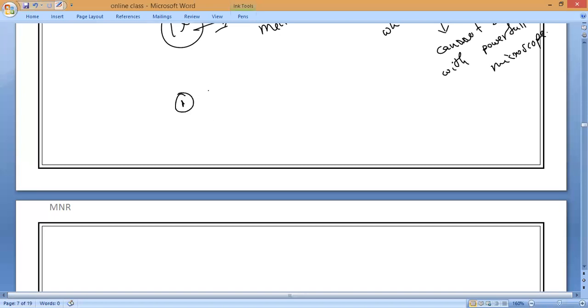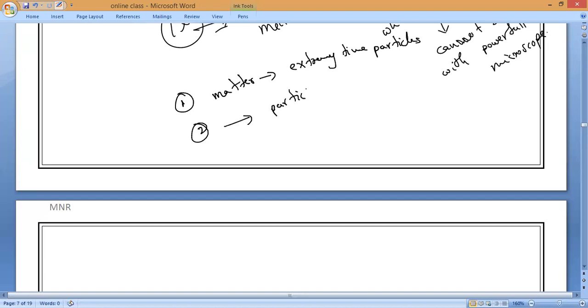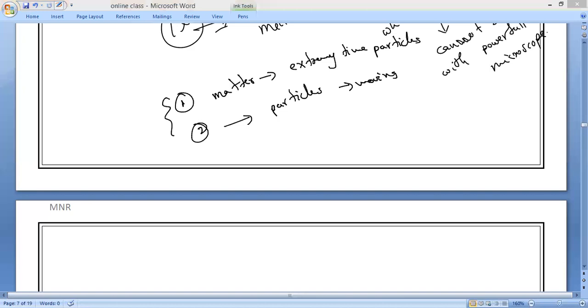One is to prove that matter is made up of extremely tiny particles, and the other is that inside the substance, particles are always moving. To prove these two things, we are going to do an experiment.